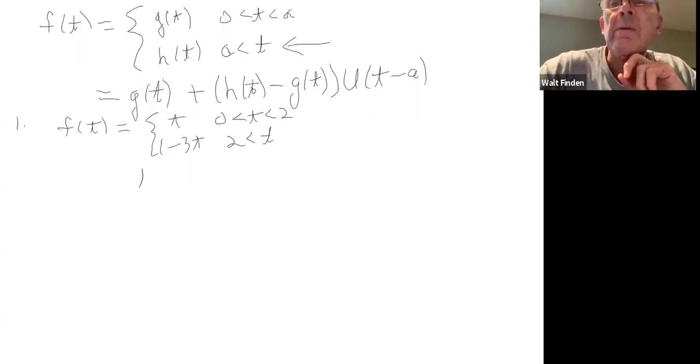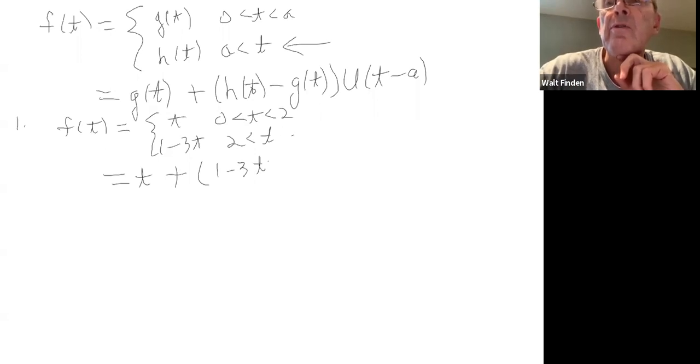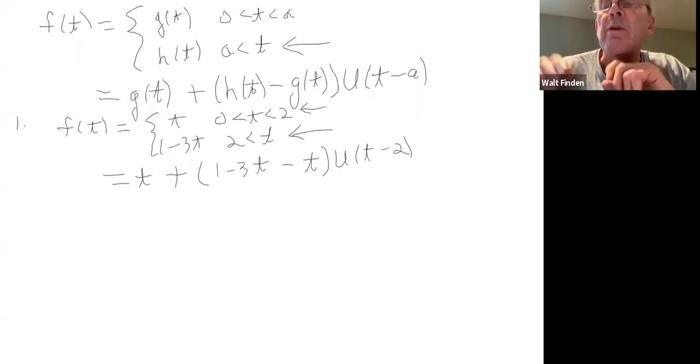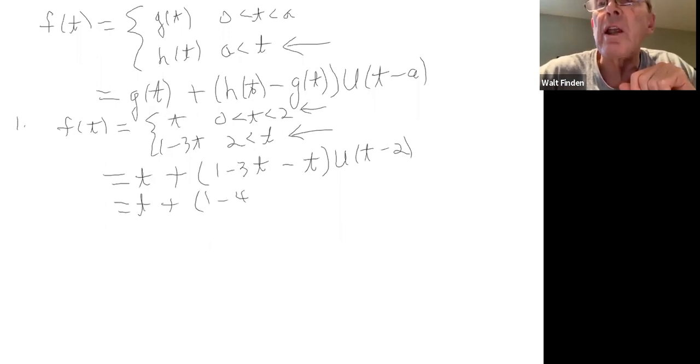I'm going to have t, and then I'm going to have 1 minus 3t, turn that one on, and turn off the t. And so this is then times u of t minus 2, because that was the breakpoint for this function. We simplify that, and we get t plus 1 minus 4t times u of t minus 2.